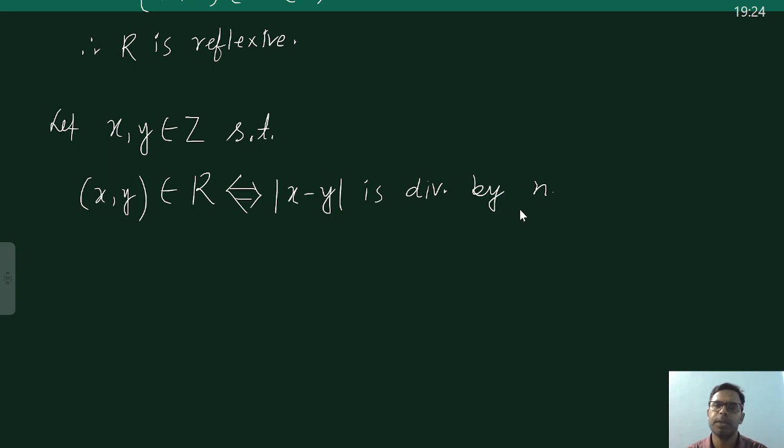It will certainly be divisible by n, because as per the definition given earlier. So x minus y is divisible by n. So obviously we can say that y minus x is also divisible by n.